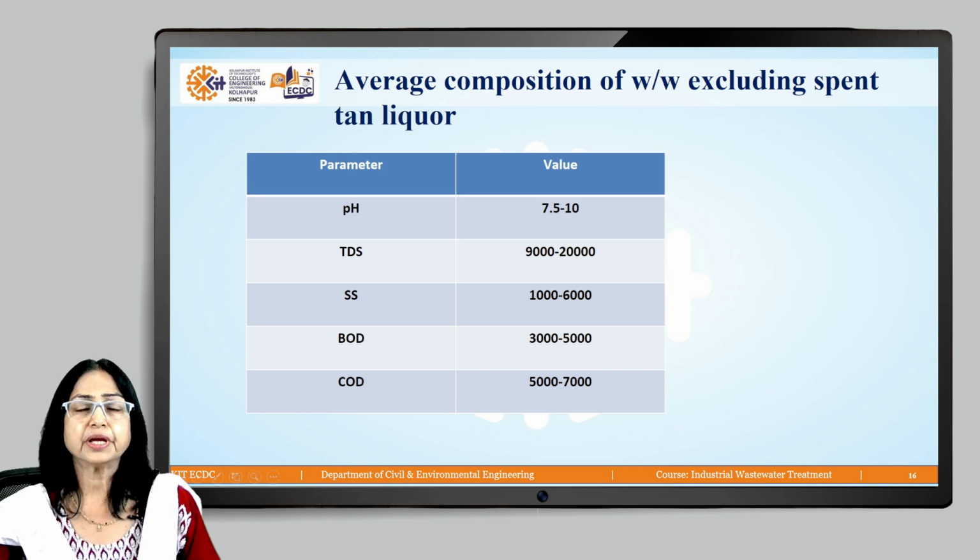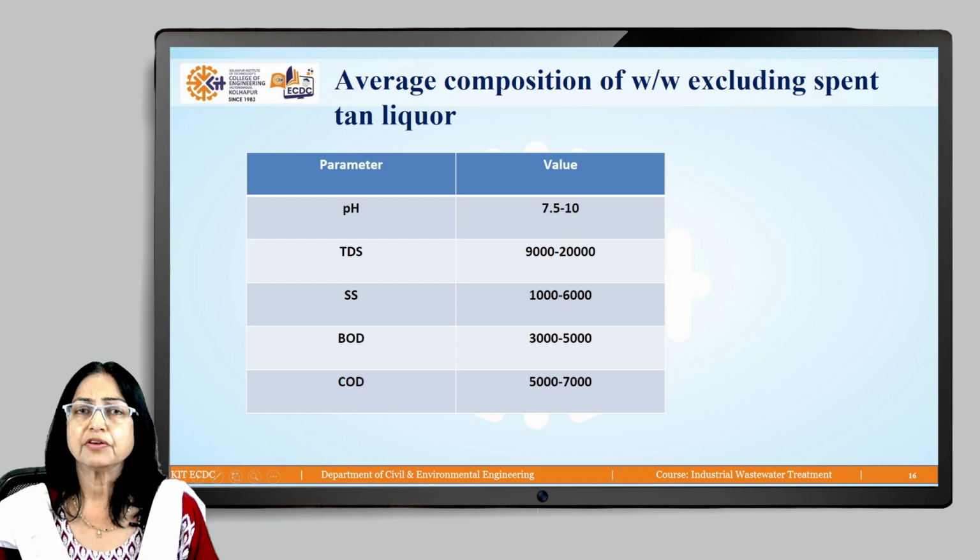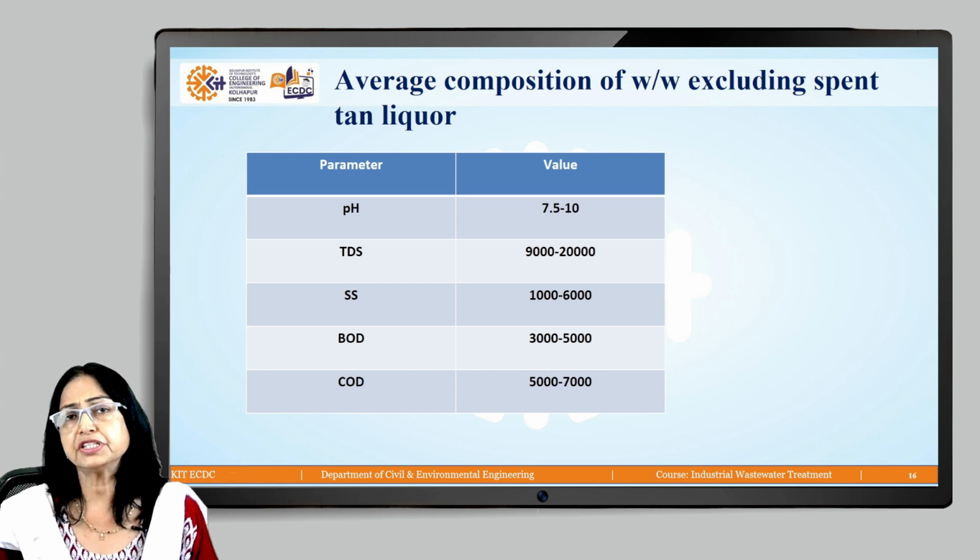Now, once you remove the spent tan liquor and combine the remaining wastewater sources, the average composition of the wastewater, excluding spent tan liquor, is pH 7.5 to 10, towards alkaline, TDS 9,000 to 20,000, BOD 3,000 to 5,000, and COD 5,000 to 7,000.